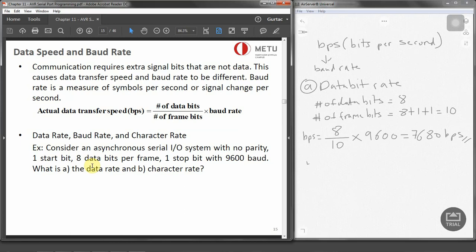To find the character rate, we just need to use the baud rate, which is 9600, and how many bits per character? In total, we have got 10 bits per character.